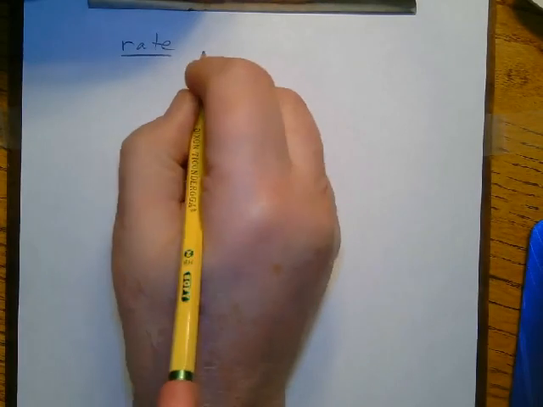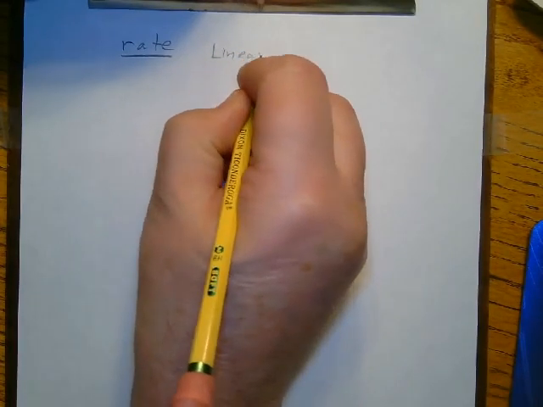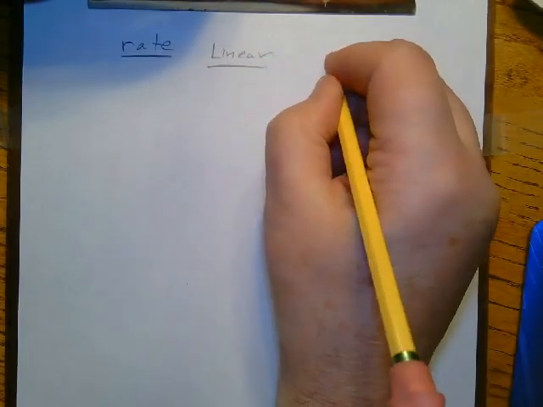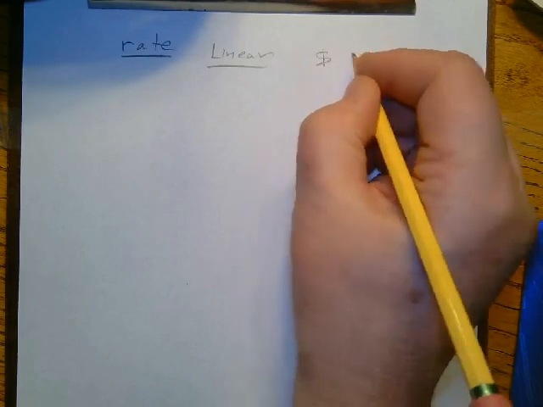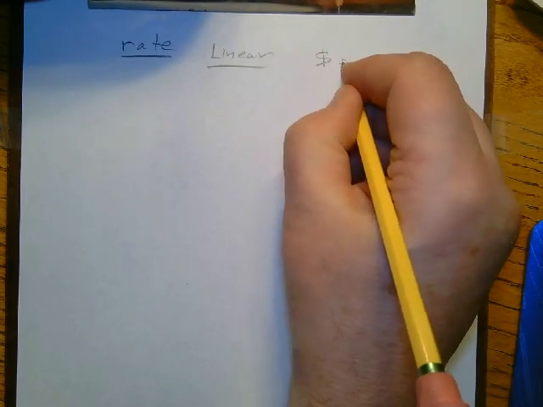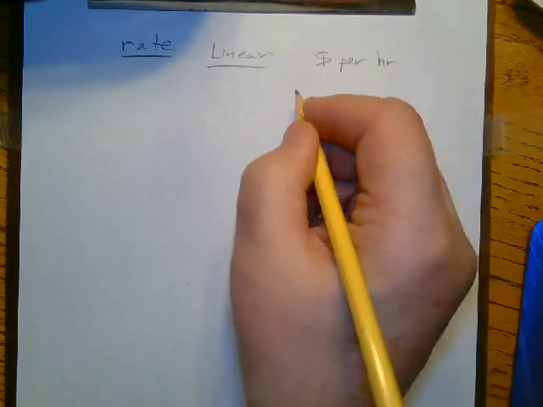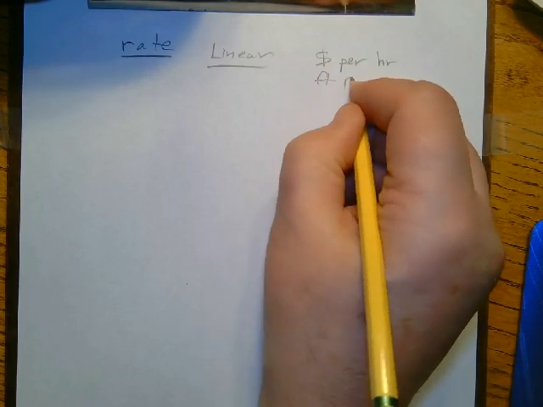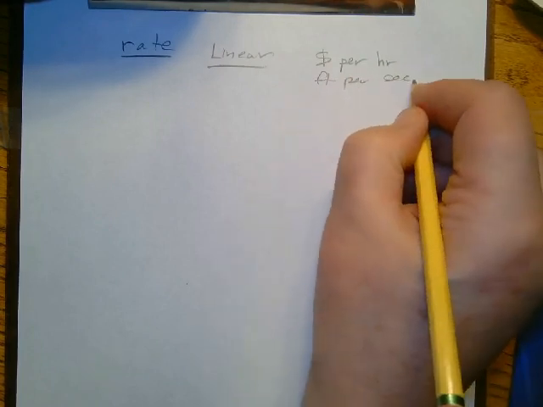All right, something that probably needs to be mentioned here is that when we talk about the rate in a linear equation, we usually use the phrase something per something else, like dollars per hour or feet per second. Okay?